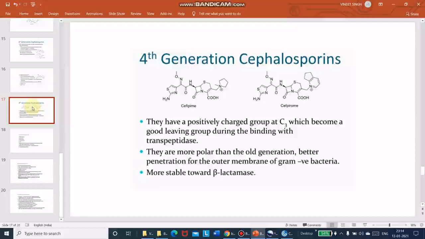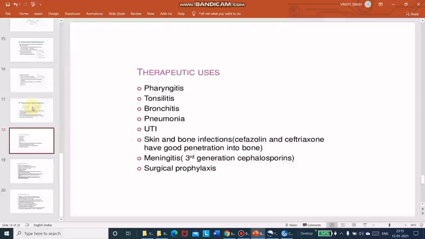They have a positively charged group at C3 which becomes a good leaving group during the binding with the transpeptidase. They are more polar than the old generation. Better penetration through the outer membrane of gram-negative bacteria, more stable towards beta-lactamase.